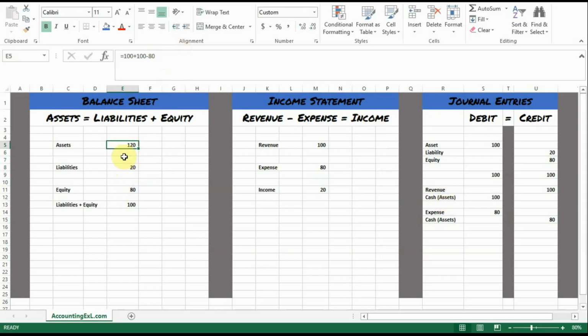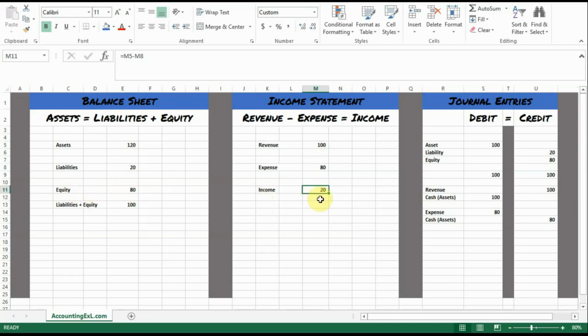So now you can see that our assets are 120, but our liabilities plus equity is 100. So they don't balance right now. And the reason for that is because of the effect of the income statement. So we have our net income here of $20. And sometimes, if you have accounting software and you run a balance sheet, you'll see this in the equity section of the balance sheet.